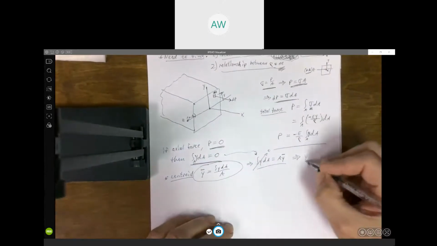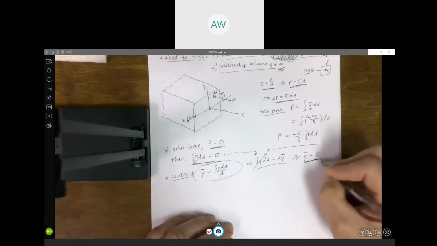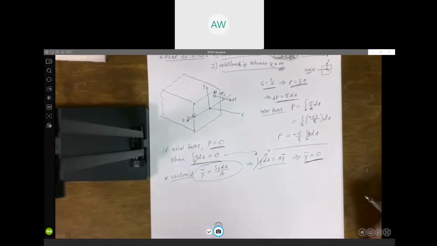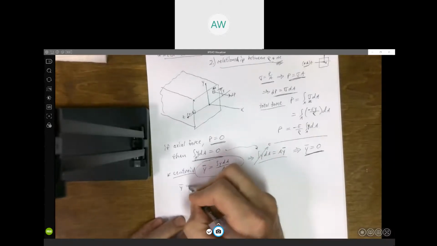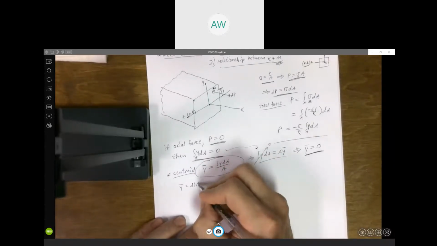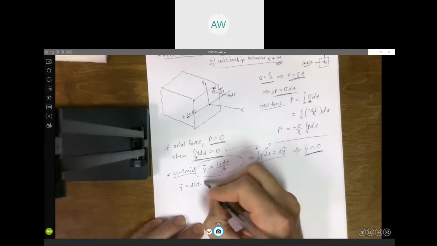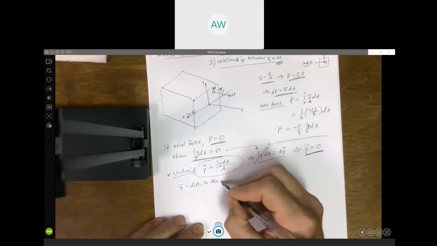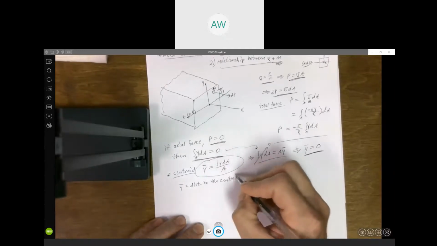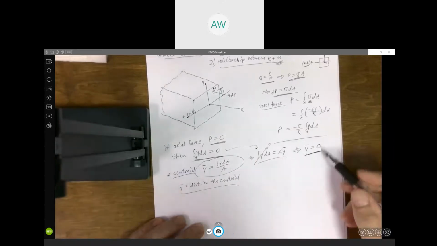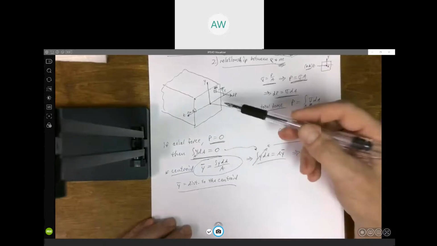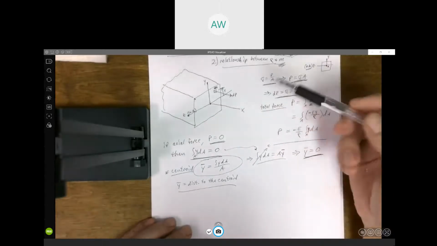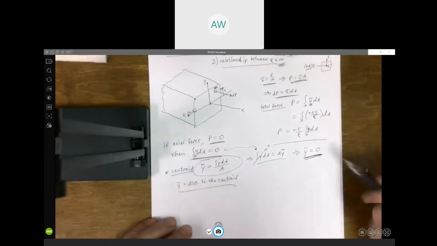So the only way that's 0 is if y bar is 0. y bar is the distance to the centroid. If y bar is 0, then the distance from our z-axis, our neutral axis, to the centroid is 0.